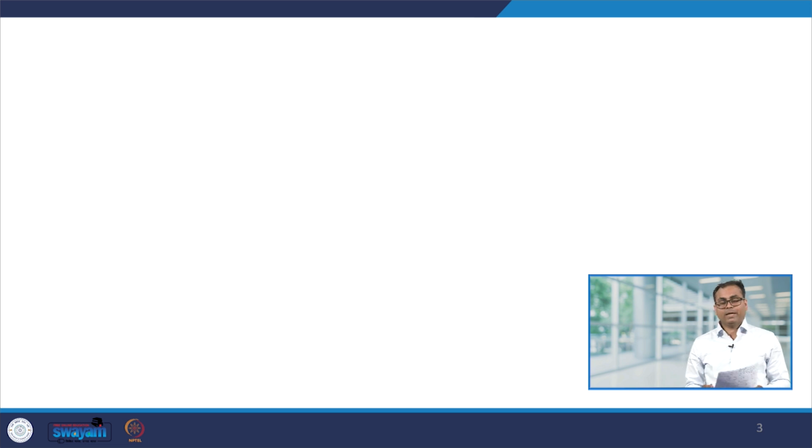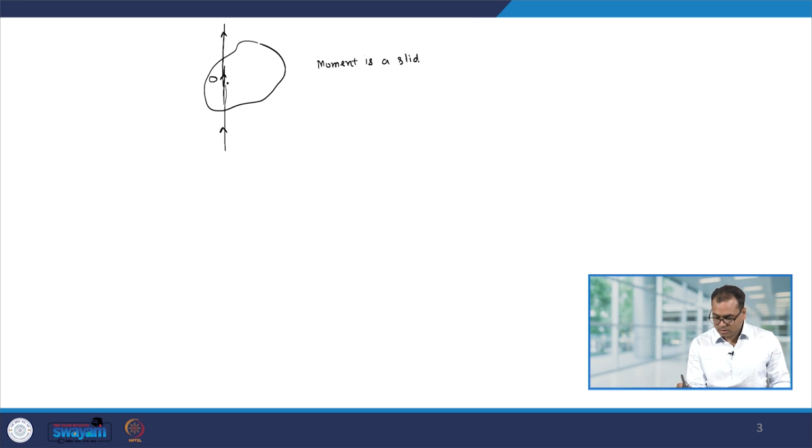Now, from here it is also clear that suppose I have a rigid body and you want to calculate the moment about this point O. You draw a line passing through O, and the moment about this line will be the same because they are the same line passing through O. So, this tells us that the moment is a sliding vector.